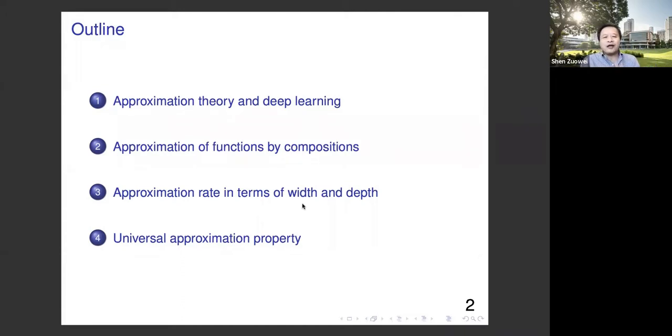So how do you calculate your approximation rate in terms of width and depth, or in terms of the total number of neurons? Everybody doing deep learning knows the universal approximation property: theoretically, you can approximate a classical function, say a continuous function, as close as you want, as long as your number of neurons goes to infinity.